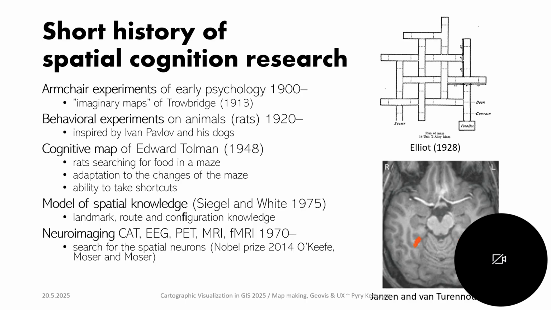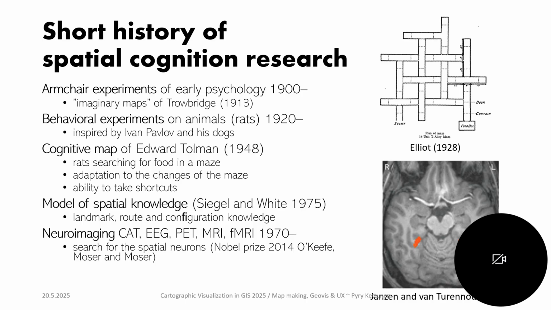But one of the central ones was rats walking in these kinds of mazes and searching for food. And these studies showed that the rats were able to find their way and make shortcuts even in these mazes, which showed that they were able to create this spatial understanding. So it was found that this spatial understanding exists in human brain in this sense.